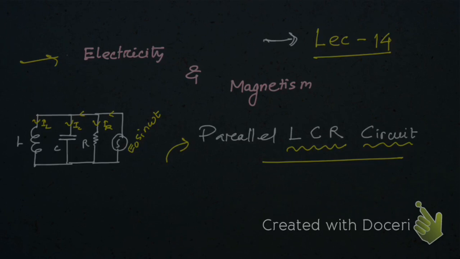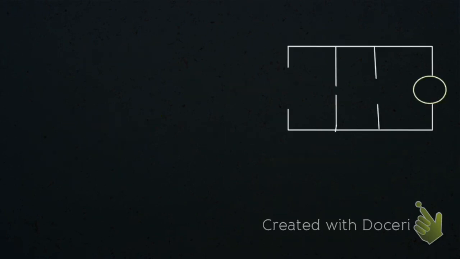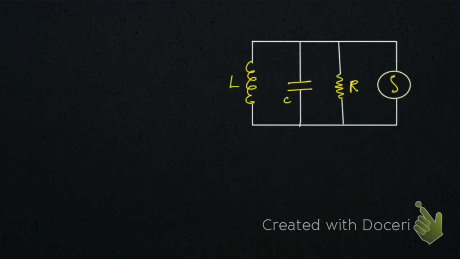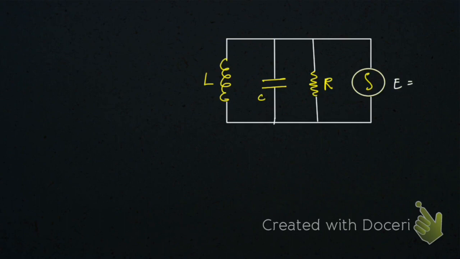So now let's start. Suppose we have an LCR circuit. This is the inductor, this is the capacitor with capacitance C, and this is the resistor with resistance R. This is the source of applied EMF, E is equal to E naught sine omega t, right?